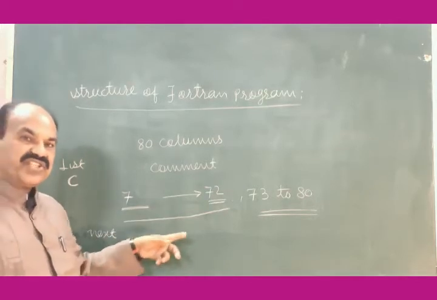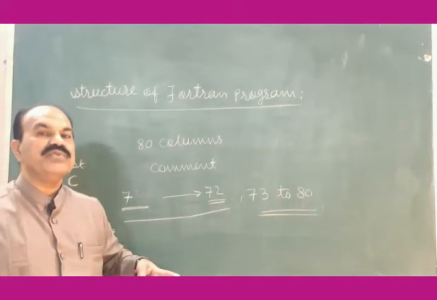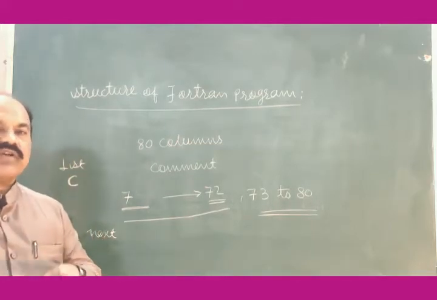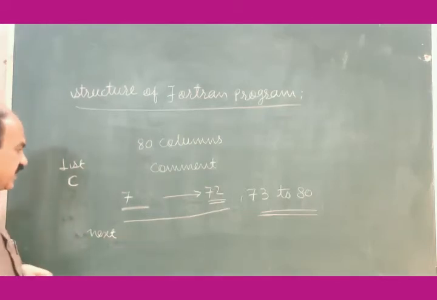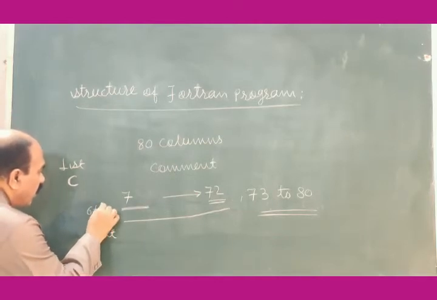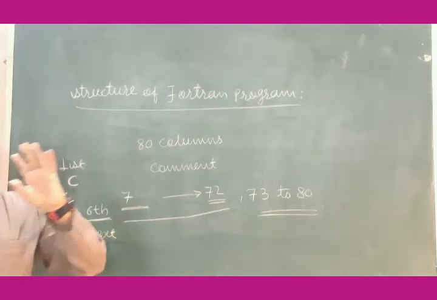Whenever there is such a need to use 2 or more lines for writing a single instruction or single statement, at column number 6 you need to write a certain character.